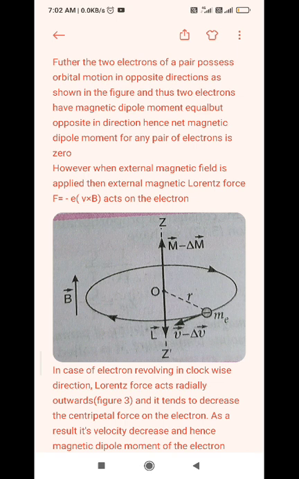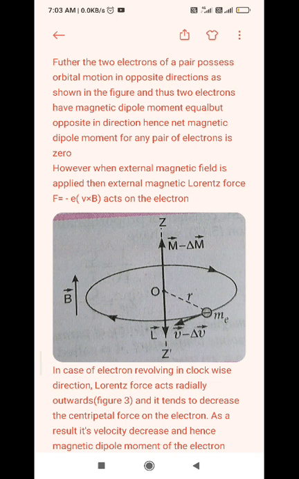The force is v cross B, so you will see the direction of v and B. The force will be acting on the electron radially outwards. If the electron is moving in clockwise direction, then the force is radially out. This Lorentz force due to the external magnetic field will decrease the centripetal force.